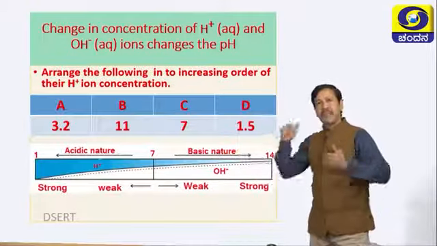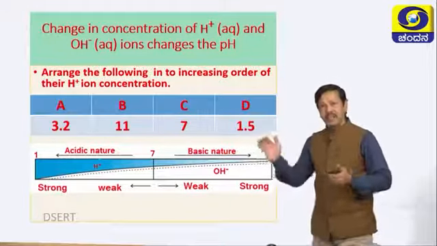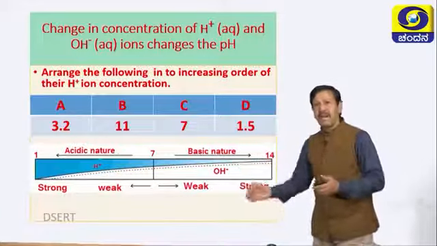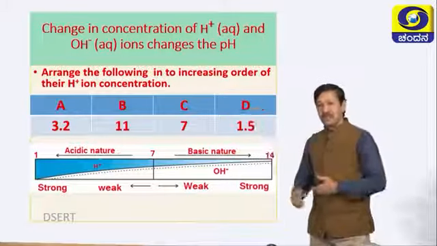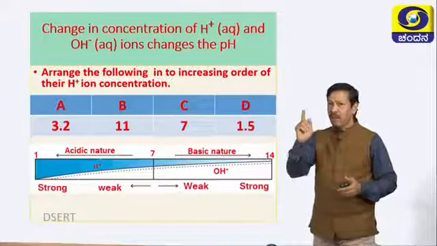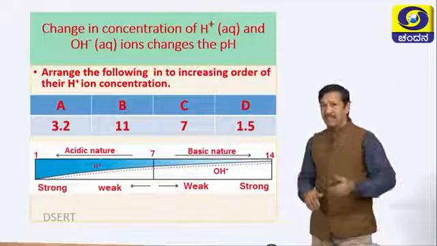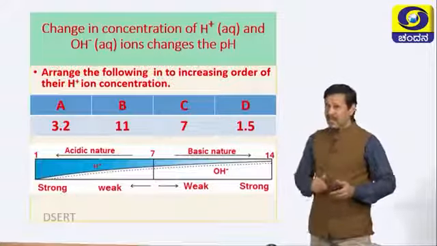How to answer? Yes, before that you should have a thorough knowledge of the pH scale. Here is the pH scale. Towards the right side, the value in the pH scale increases and basic character increases. Below 7, H plus ion concentration is increasing. 1 is strong acid, 5 is weak acid.